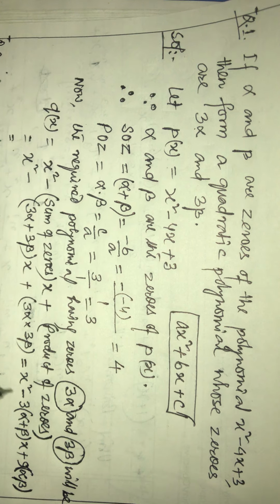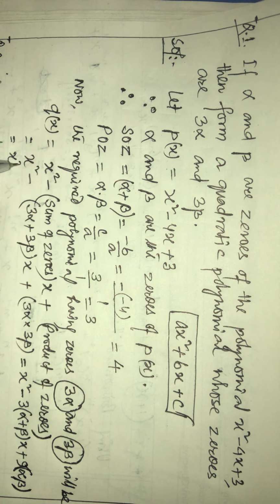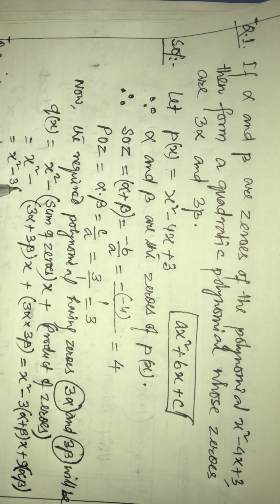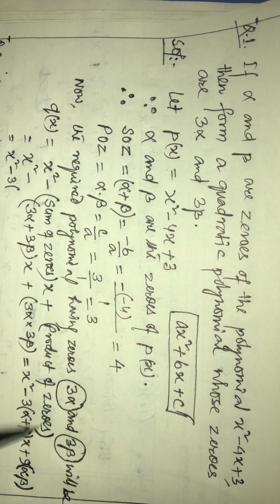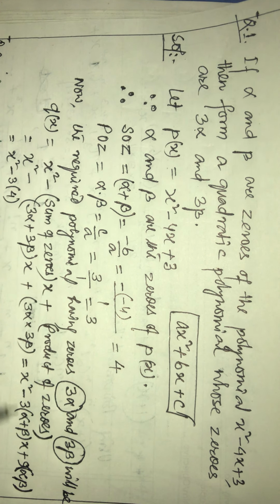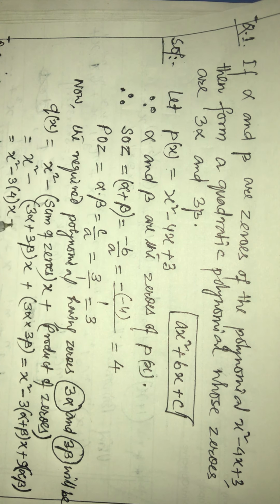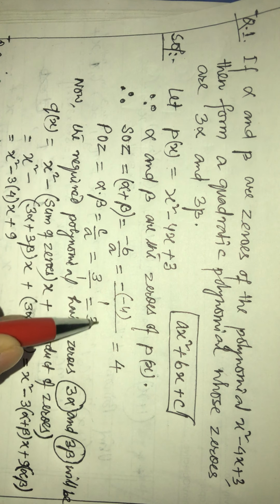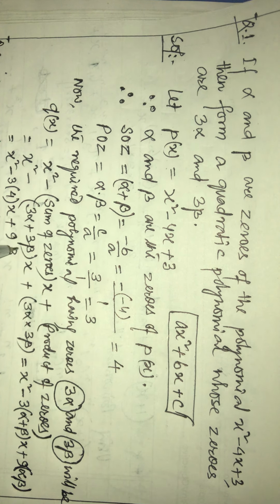Okay, so this x square will come as it is, minus 3, bracket alpha plus beta, which we found earlier as 4, so I give 4 with x outside, plus 9, alpha into beta we got here as 3, so 9 into 3.